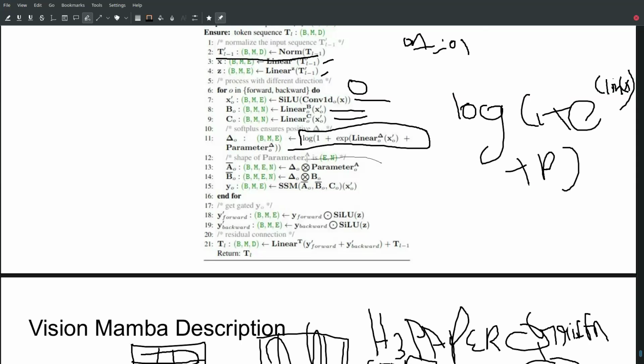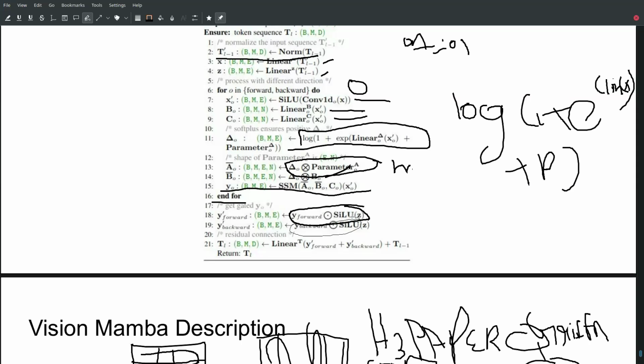You compute the same thing, multiplying that with the parameter for A, and for B naught you have this, and you apply SSM to get Y naught, in the for loop. Then you apply the product from the Z into this.